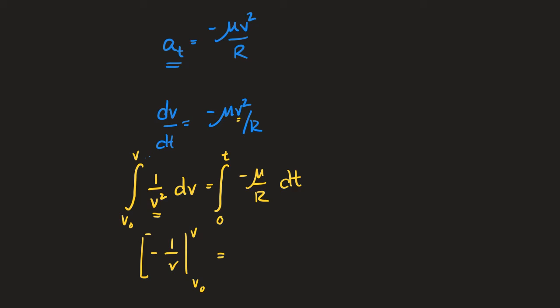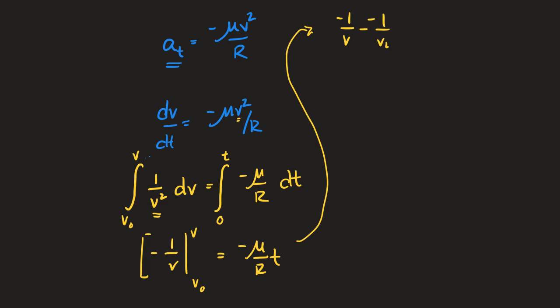And the right side is just going to be mu r times t. Now, I still need to get the function together here. So here's where I have a ton of algebra. So putting in my limits, I'll have negative 1 over v minus negative 1 over v naught. And this has to equal negative mu r times t.